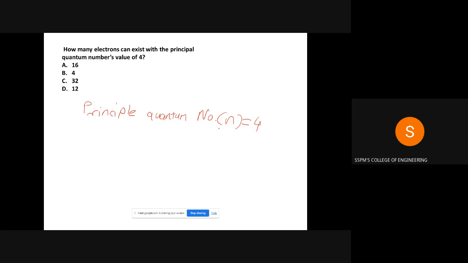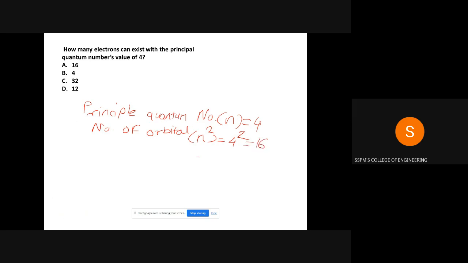They are asking how many electrons can exist with this principal quantum number. First we have to find the number of orbitals in a shell, which is given by n square. So n square means 4 square, that is equal to 16.